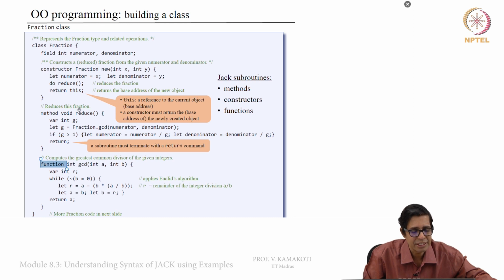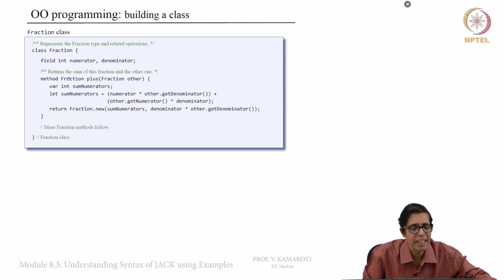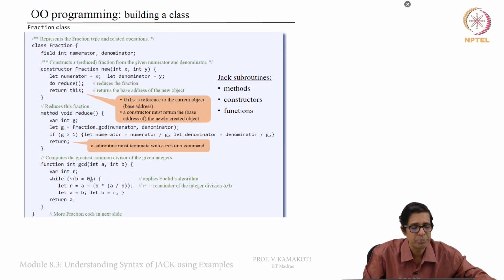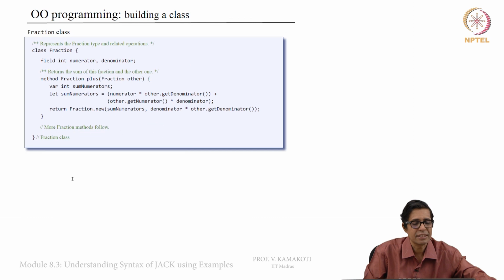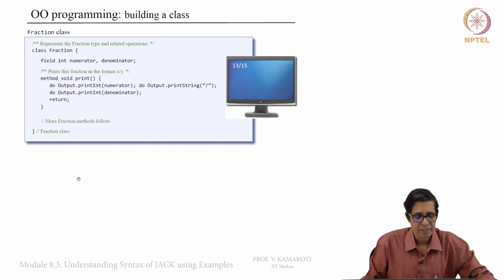I can say a.reduce, I can say a.new, I can still say a.plus, but I can't say a.gcd because it is a function inside this. Now, this is a fraction.